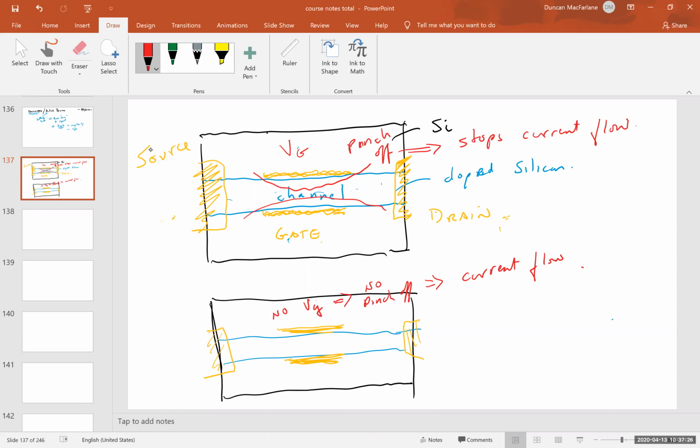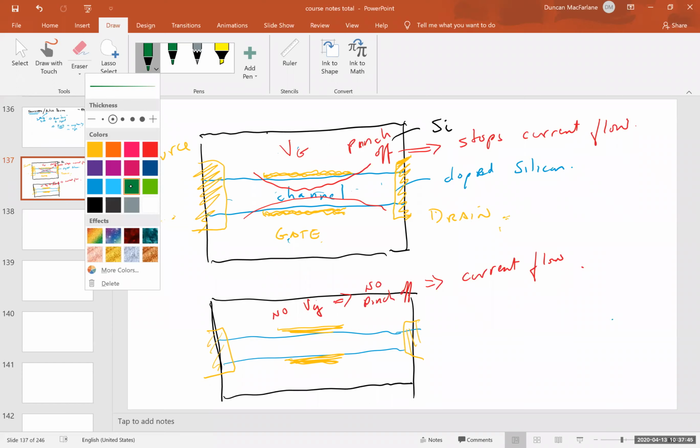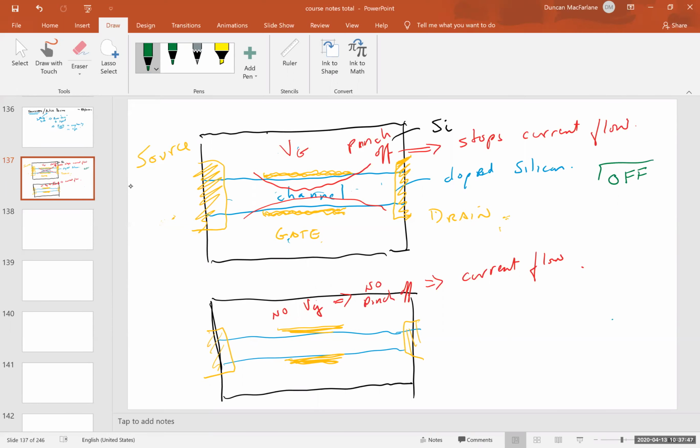So in the simplest way of thinking about this transistor, this is my off state, and this is my on state.